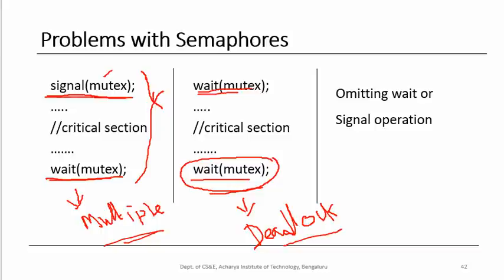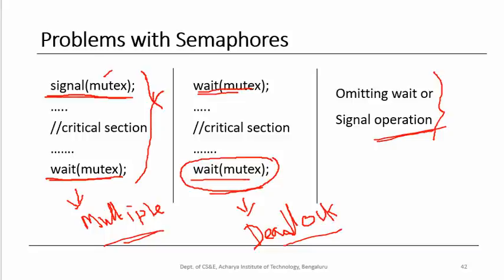They have to be there in the particular order only, and we cannot omit wait or signal. If we do that, then it will take the processes either into a deadlock state or end up allowing multiple processes to enter into the critical section.